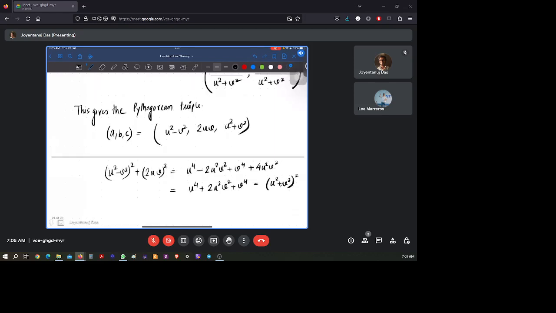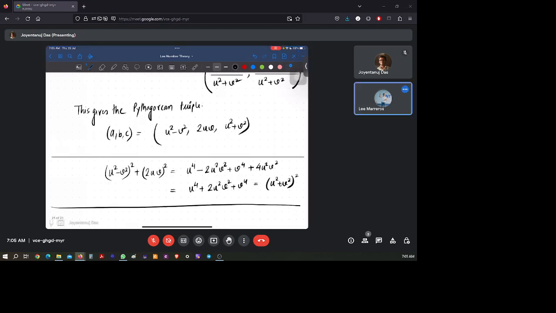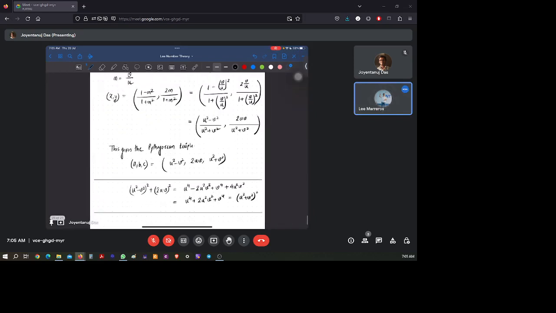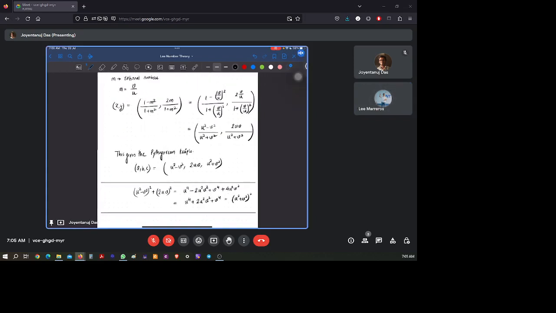So it matches, right? Yes, I can see that it matches. So the idea is always we choose b to be the even number.